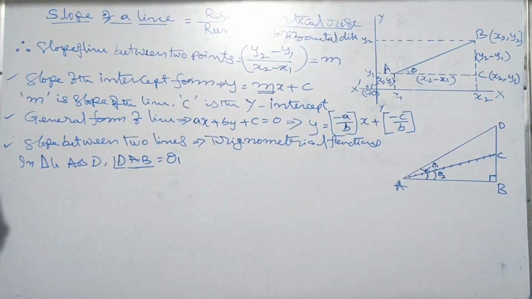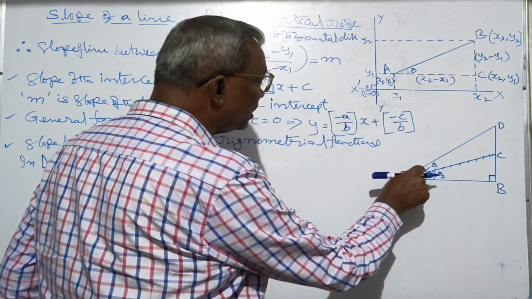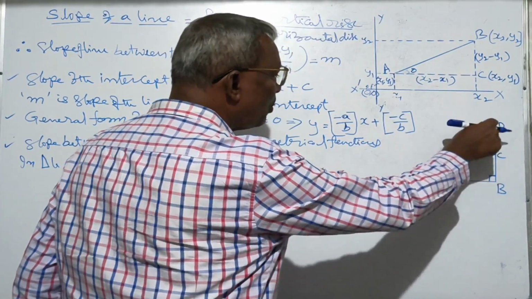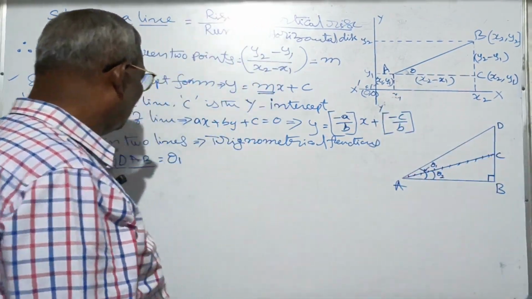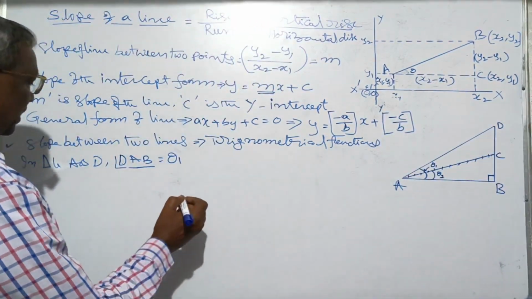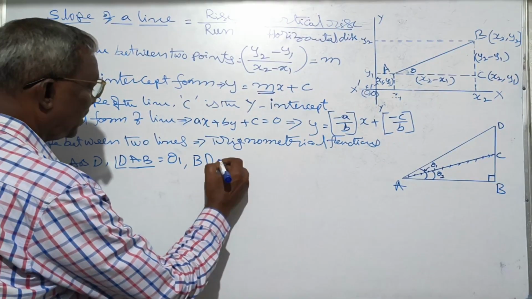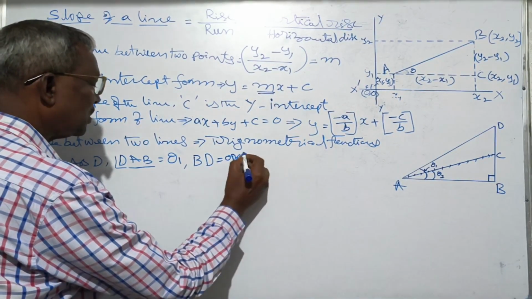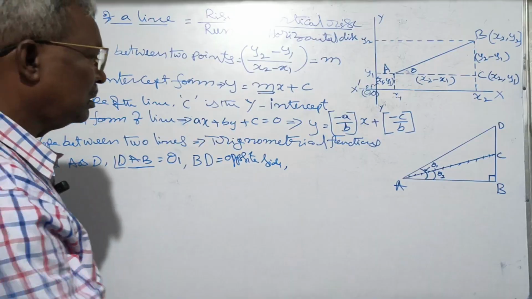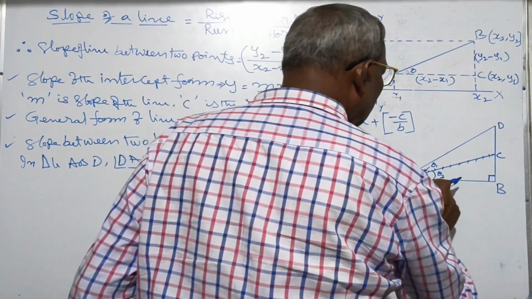That is number 1. With this theta 1 angle, BD is the opposite side and AB is the adjacent side.